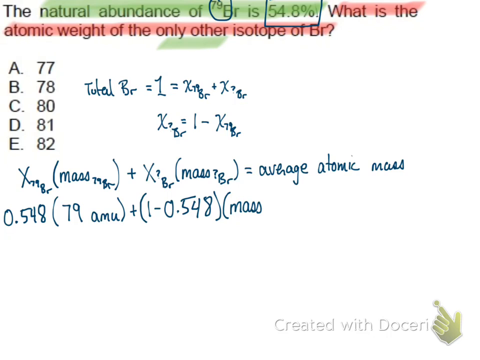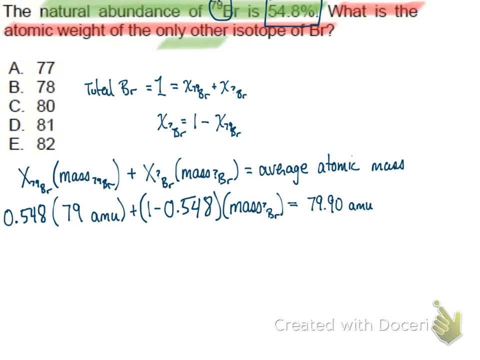The mass of our unknown bromine. And that's going to give us the average molecular mass, or the average atomic mass in this case, which is given to us from the periodic table as 79.90 atomic mass units. Great.